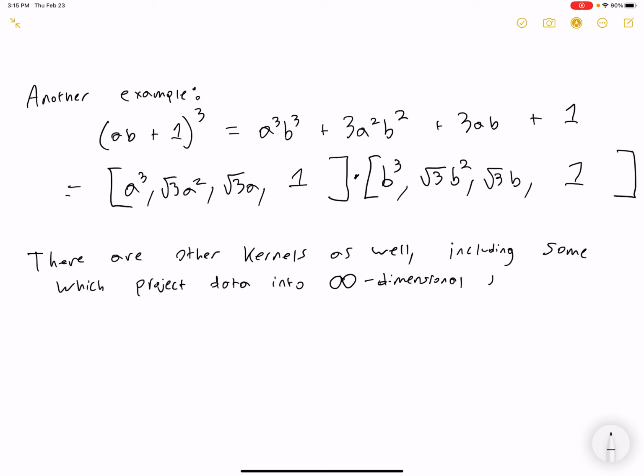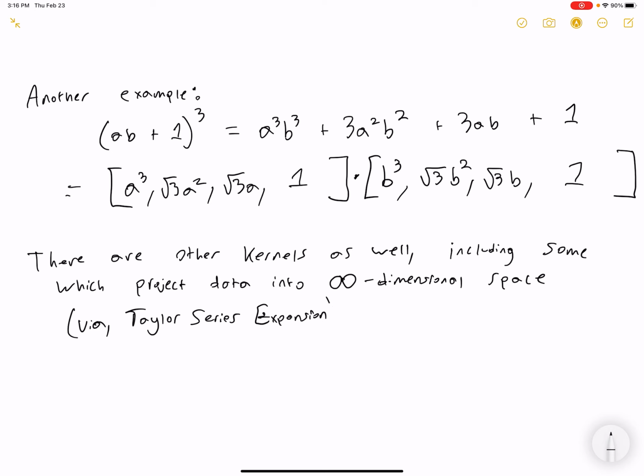The way that ends up working is through Taylor series expansion. I think it's a Calculus 2 thing where each term is a different dimension, but it's an infinite Taylor series expansion. That's basically how that works. If you don't know about that, don't worry about it, but that's via the Taylor series expansion from Calculus 2, if you do know about it.